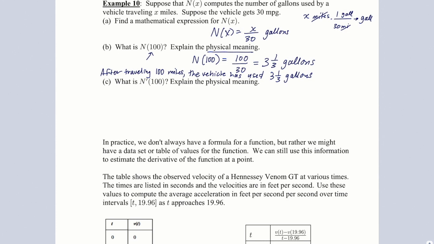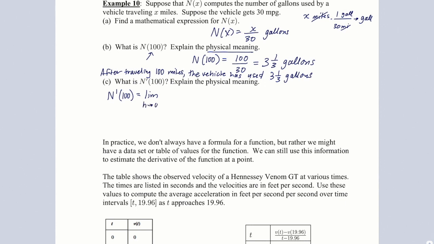So this function n just tells us how many gallons have I used if I've traveled this many miles, right? And now we want to think about the derivative for this function at 100, right? And that's going to be the limit as, let's say, let's use the second definition.